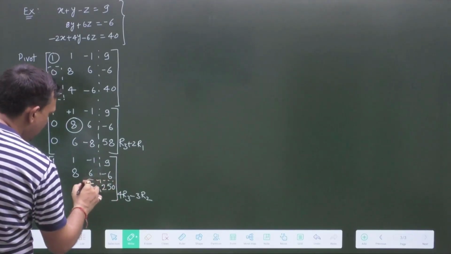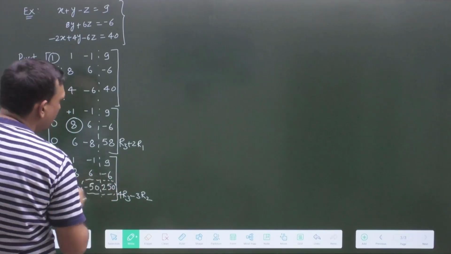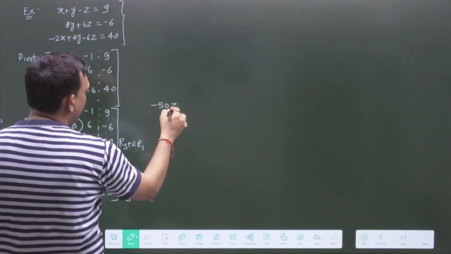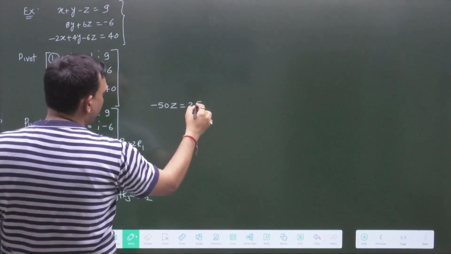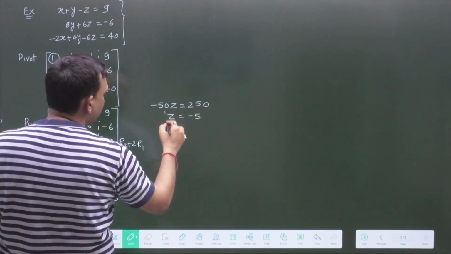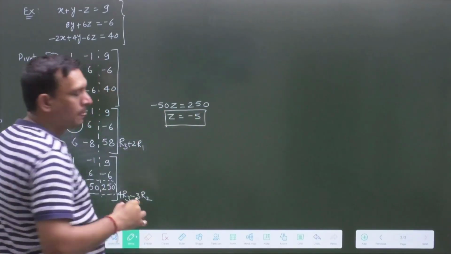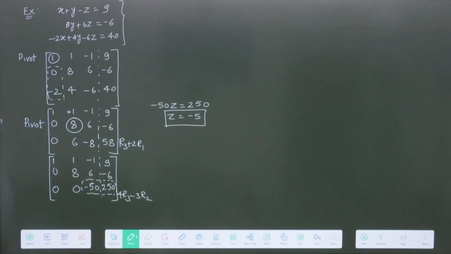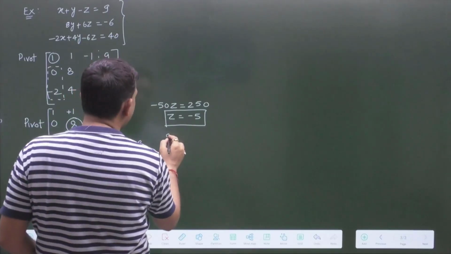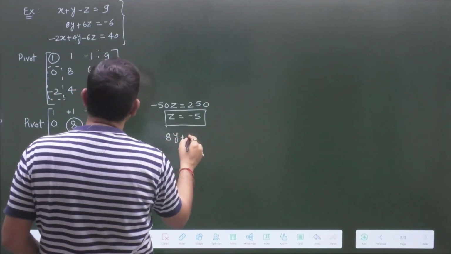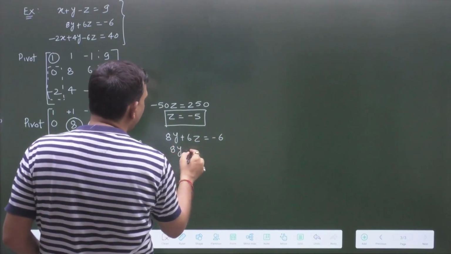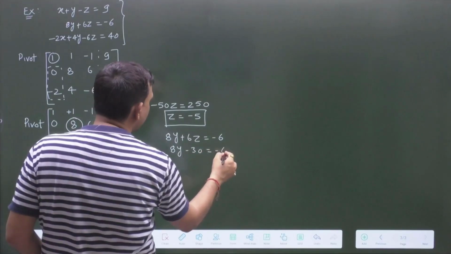Now if you see this, minus 50 into z is 250. So z is minus 5. And then you have 8y plus 6z is equal to minus 6. So 8y minus 30 is equal to minus 6.